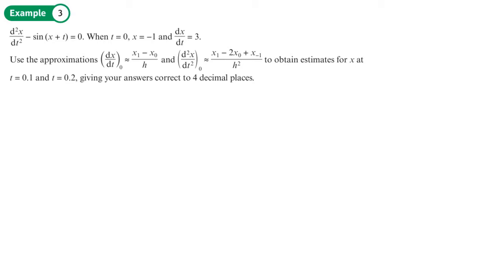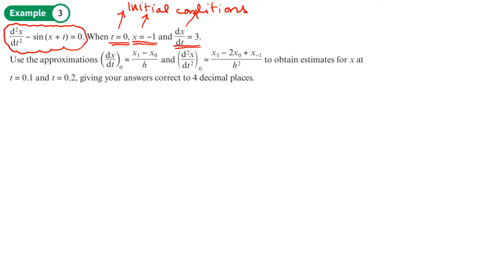So first of all, we've been given this second order differential equation. We've been given t equals 0, x equals negative 1, and this dx dt is 3. So these are all our initial conditions here. I'll write those down in a moment.